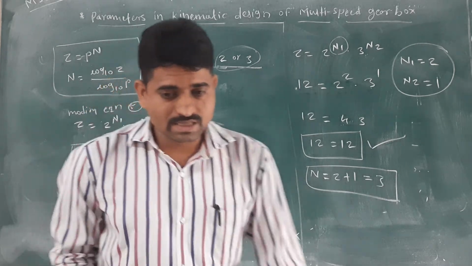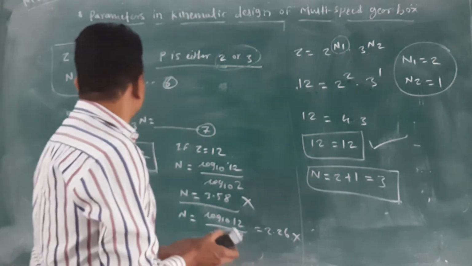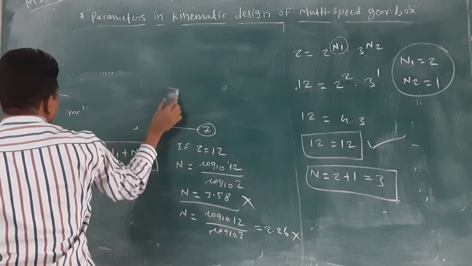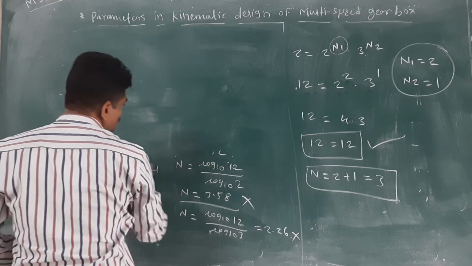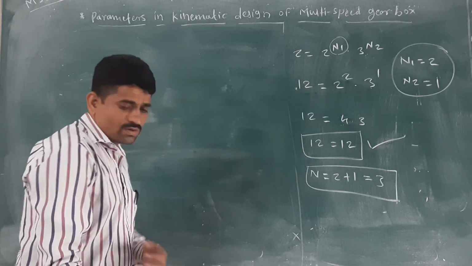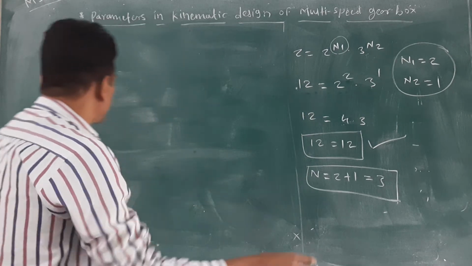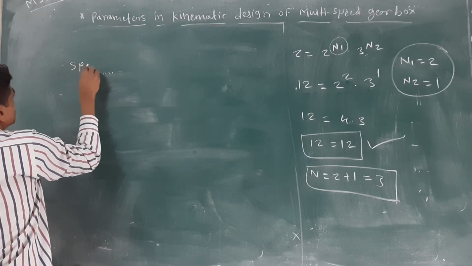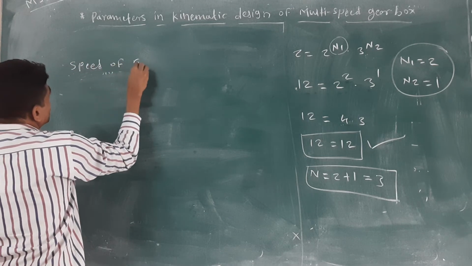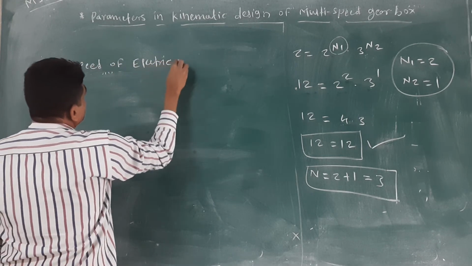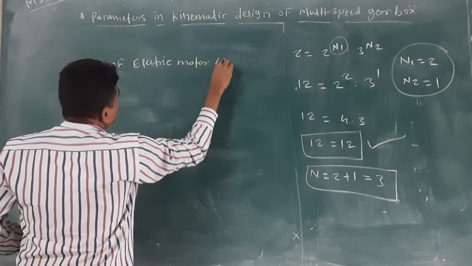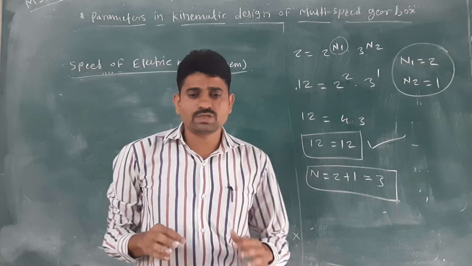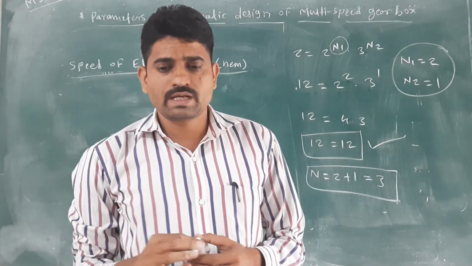Then the last parameter is the speed of the electric motor.